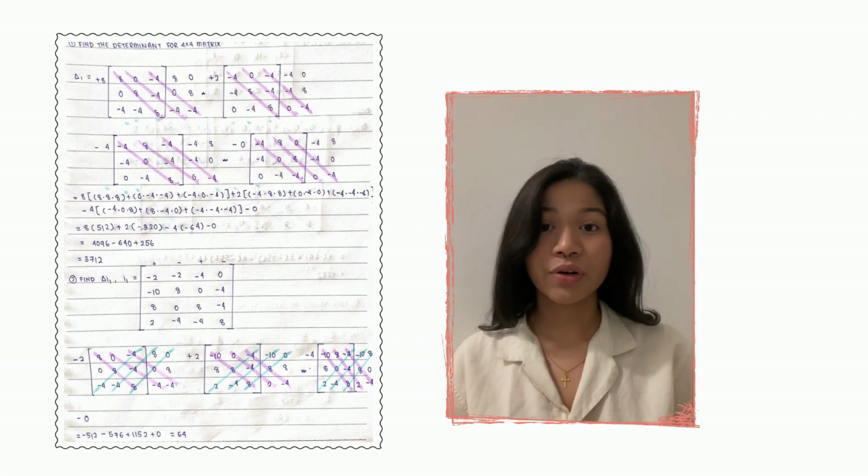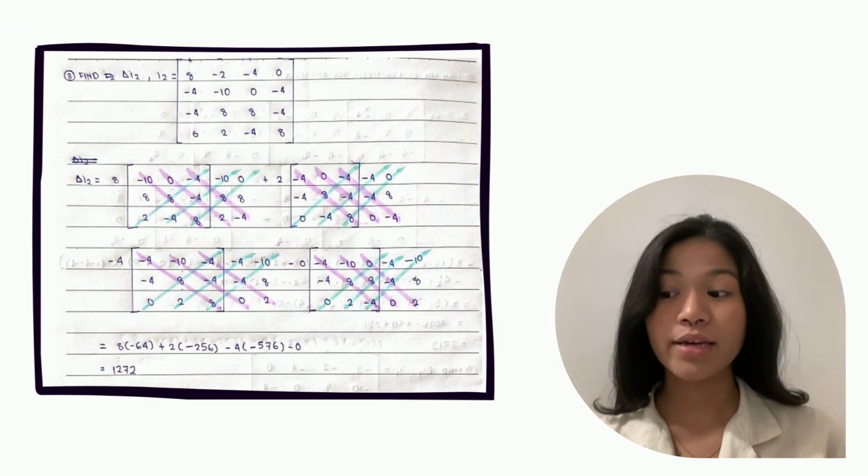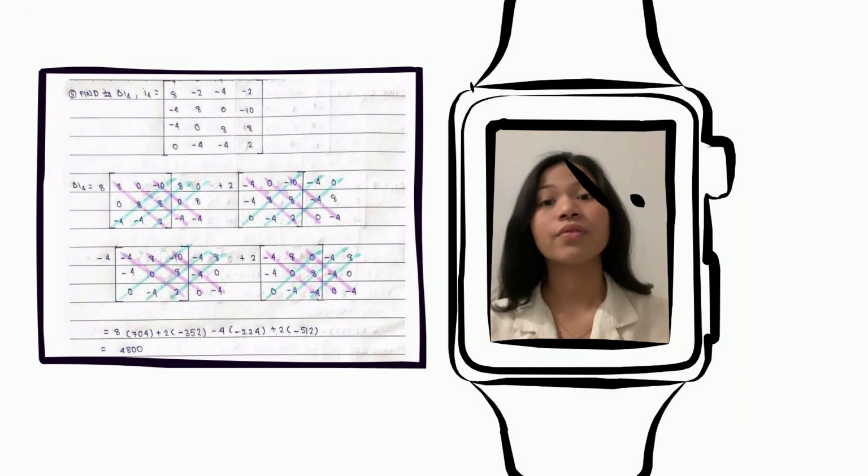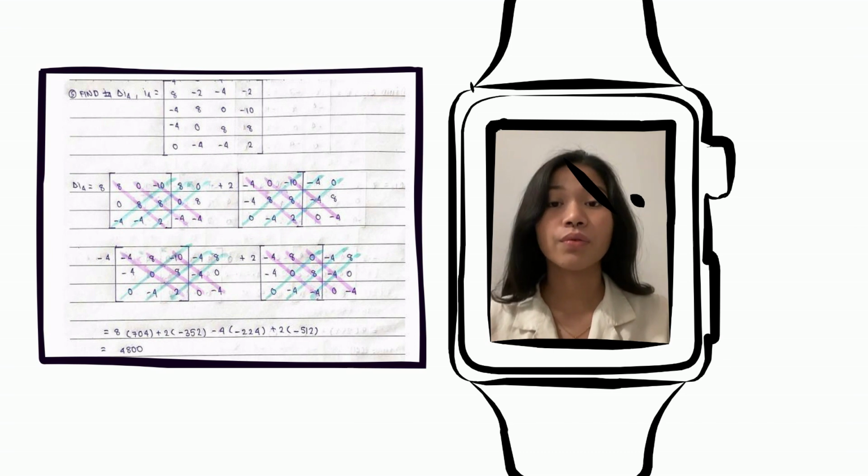The determinant for I1 is 64. The determinant value for I2 is 1272. The determinant value for I3 is 640. Lastly, the value for determinant I4 is 4800.